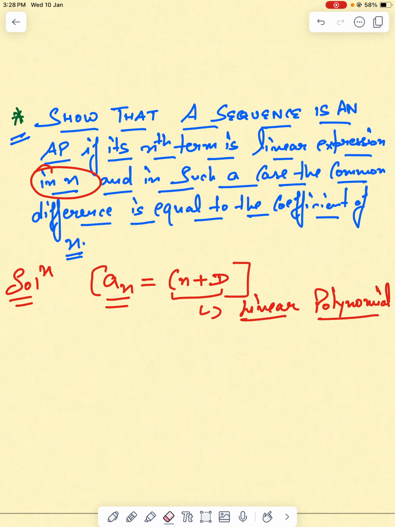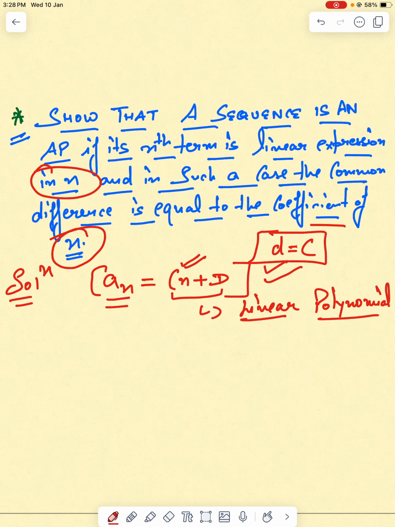That a sequence is an AP if its nth term is a linear expression in n, which we have already assumed, and in such a case the common difference is equal to the coefficient of n. Coefficient of n is your C. He wants us to prove that the common difference, which is D, is equal to the coefficient of n, which is equal to C.